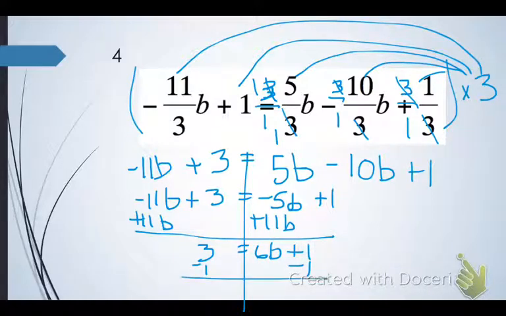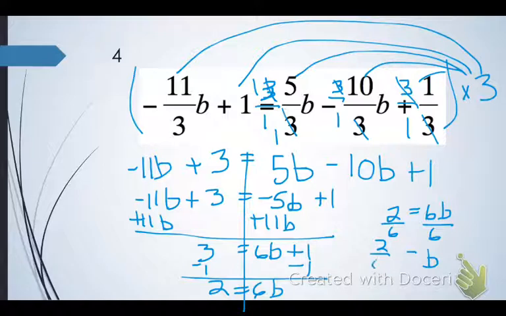Minus 1 from both sides, 2 equals 6b, and at this point, sorry, I have to move over here for my space, divide by 6, and I end up with b equals 2 over 6, which is the same as 1/3. Again, remember, it makes sense to end up with a fraction as my answer because I did have fractions to begin my problem.